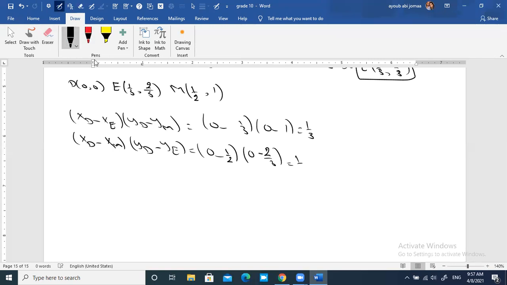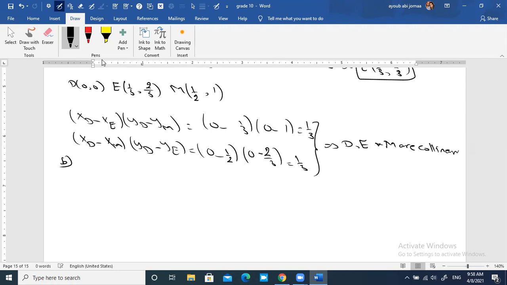Then the answer will also be 1/3. They are equal. Then the points D, E, and M are collinear.